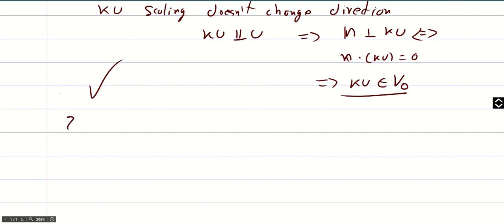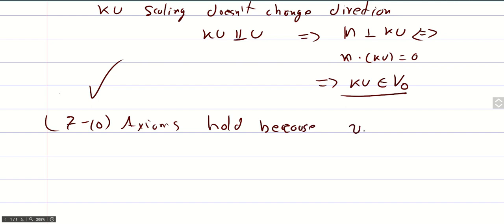And from 7 to 10, the axioms hold because u, v, and w are elements of the space with the usual scalar multiplication.